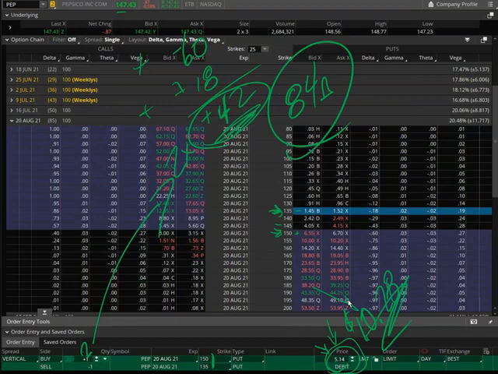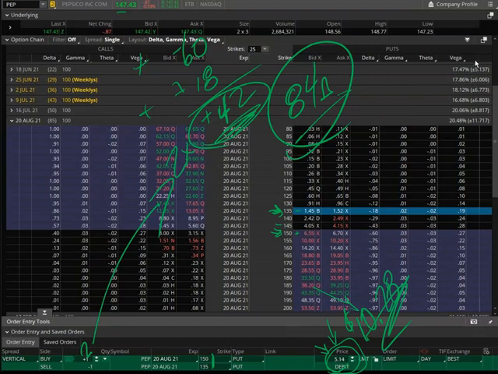And then when the market starts rolling over like that, with these 84 deltas, every time the underlying moves $1, you're going to get $12 extra in your portfolio.